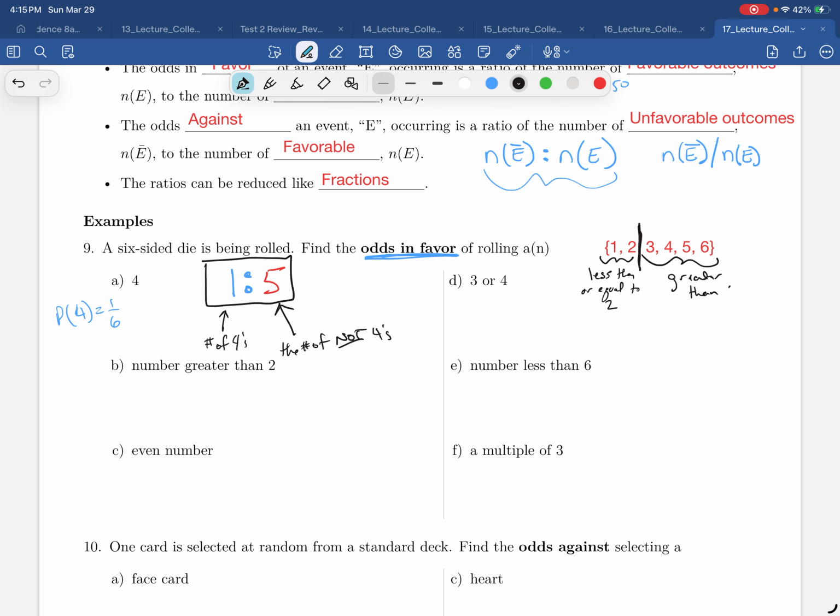I should have started with that one. So there are 4 numbers greater than 2, and then there are 2 numbers that are not greater than 2, right? These are the wins, or in other words, the numbers greater than 2. And then we also have the rest, right? The numbers not greater than 2.